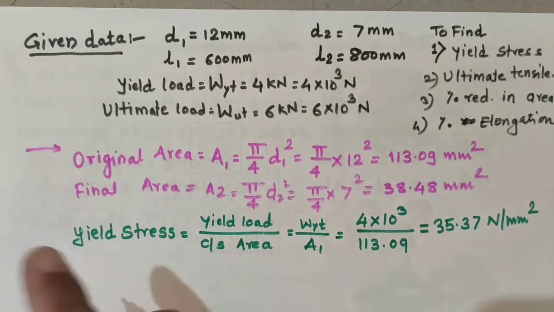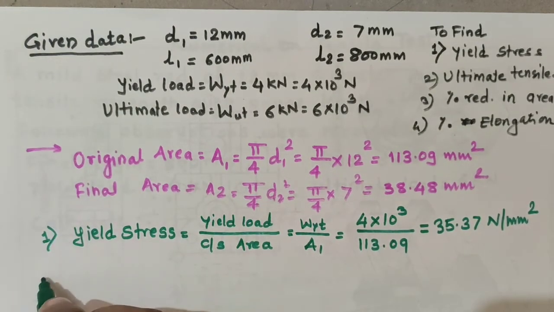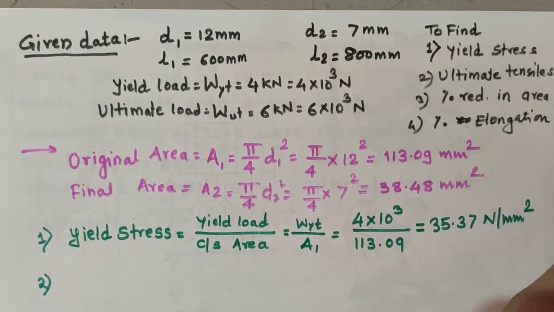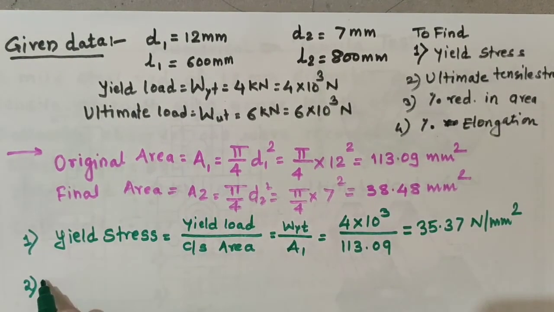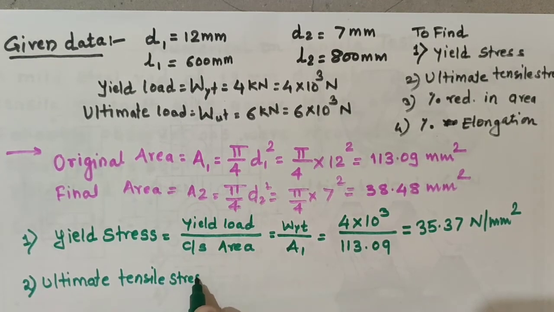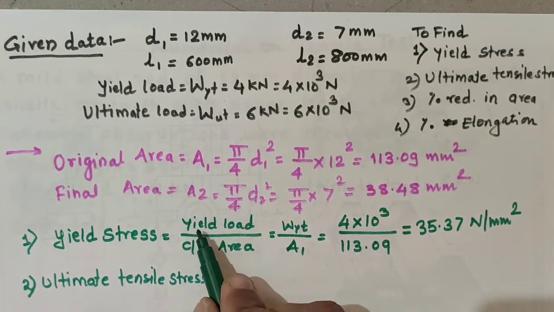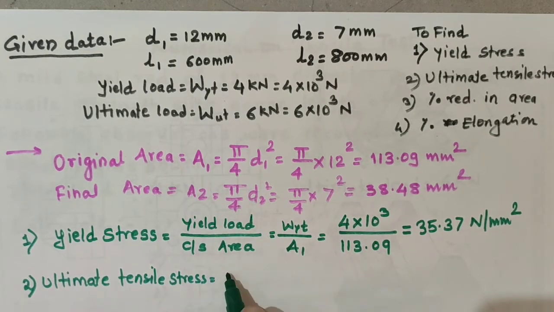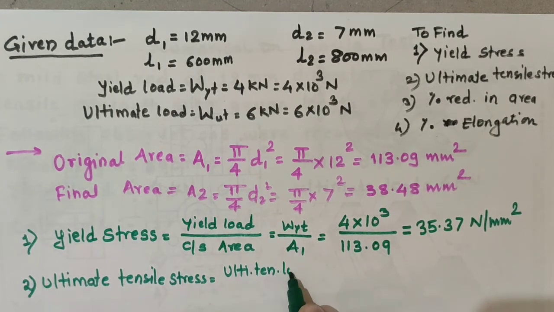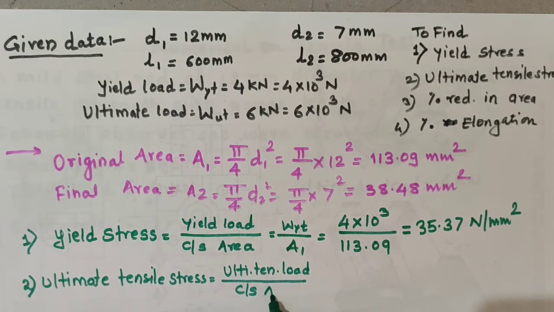Okay, this is our first parameter. Second, we have to calculate ultimate tensile stress. For that we will take the ultimate tensile load upon cross section area.